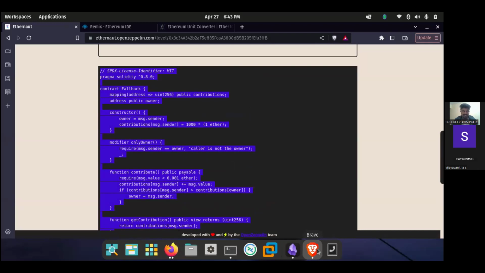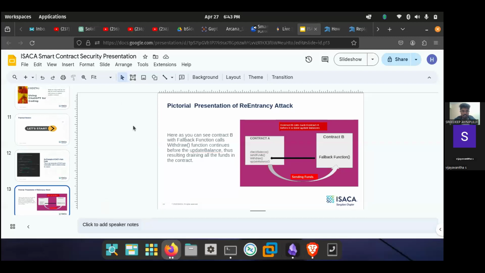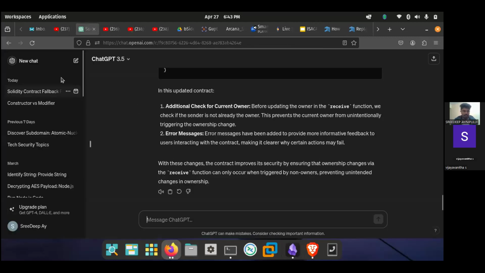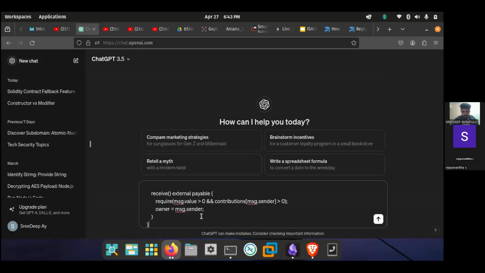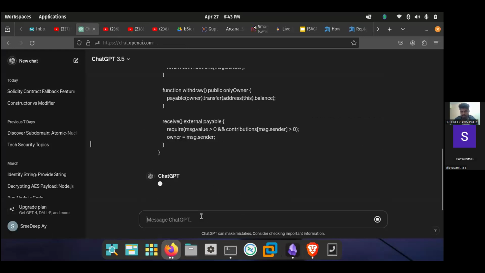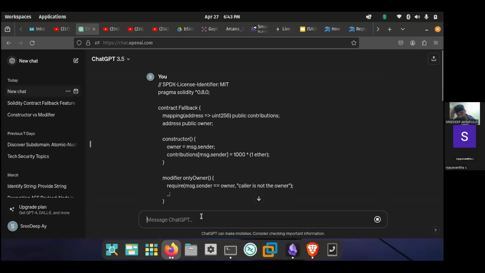This is not an amateur thing, like what you do on web application testing platforms. But ChatGPT was single-handedly able to exploit the whole buffer overflow concept within seconds, which is really impressive from my point of view, since AI is getting so advanced. So if I give this code, the code for the fallback function, the fallback code.